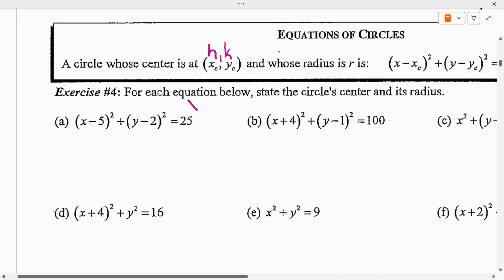I'm going to write the parent equation: (x - h)^2 + (y - k)^2 = r^2. So the center of equation A is (5, 2). The radius of equation A, we'll just take the square root of this, is 5.